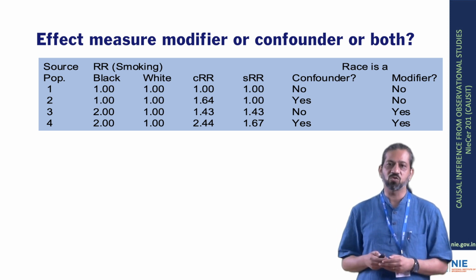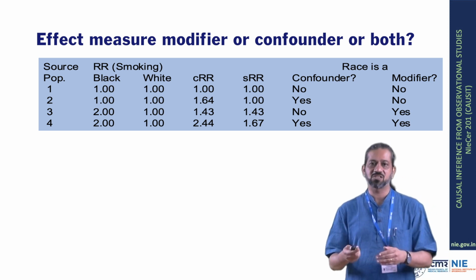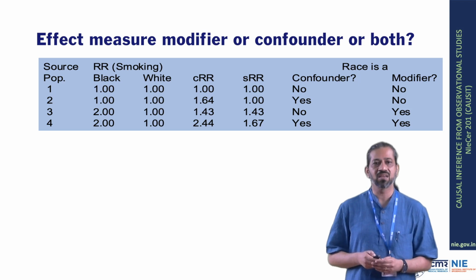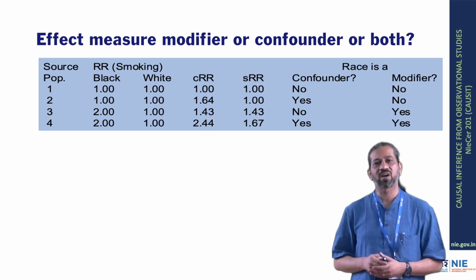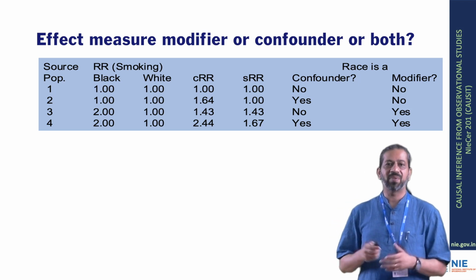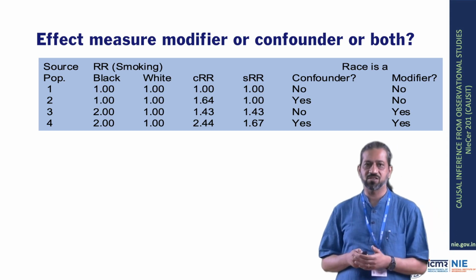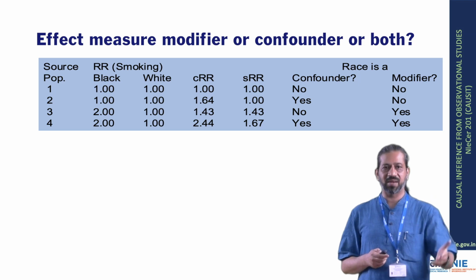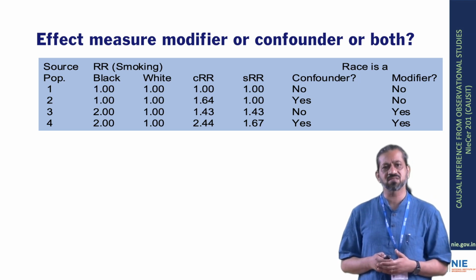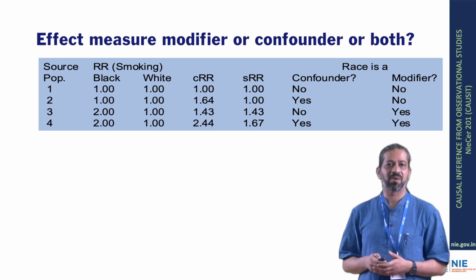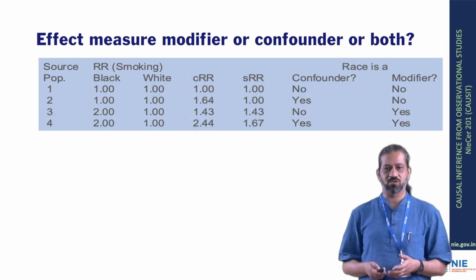In population 2, again it is 1. In population 3, it's 1.43. And in population 4, it's 1.67. We also have the stratified risk ratios: the risk ratios among black in the 4 source populations, and the risk ratios among white in the 4 source populations.